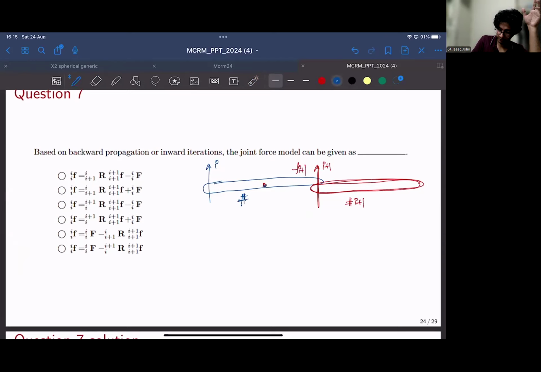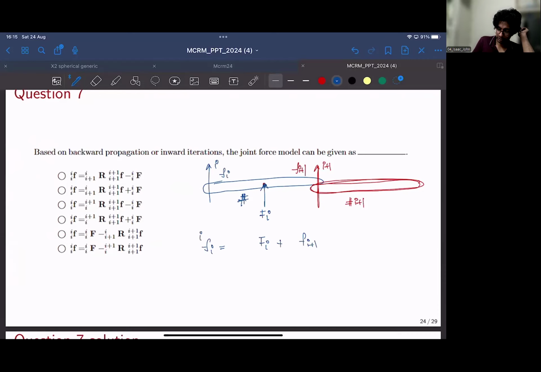We also know this inertial force. What will be Fi? If you write the equations of motion, in free body diagram of dynamic equilibrium, Fi is nothing but capital Fi, the inertial force, plus F(i+1).